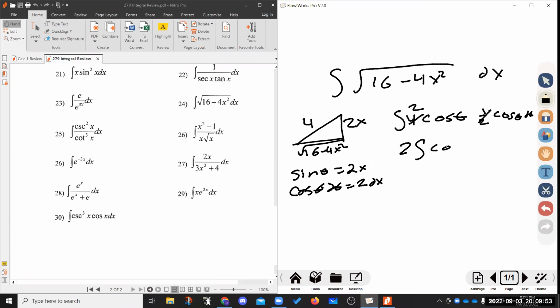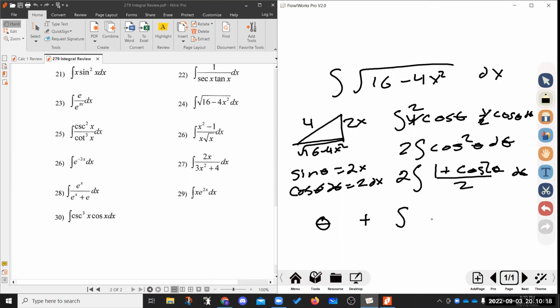This is 2 integral cosine squared theta d theta. Cosine squared is 1 plus cosine 2 theta over 2. It's a power reducing formula. 2 times 1/2 is going to be 1 d theta, so that's going to be theta plus, I'm going to have 2 times 1/2 again, giving me cosine of 2 theta d theta.